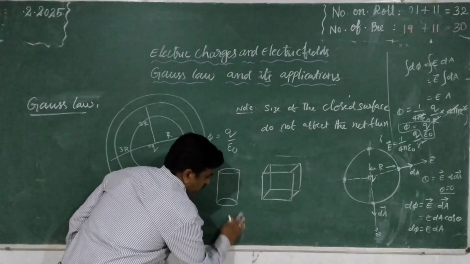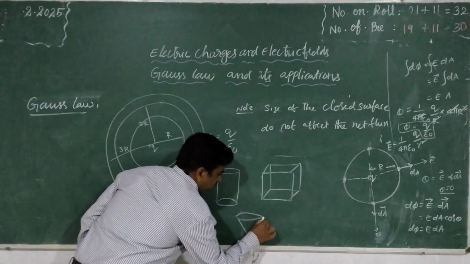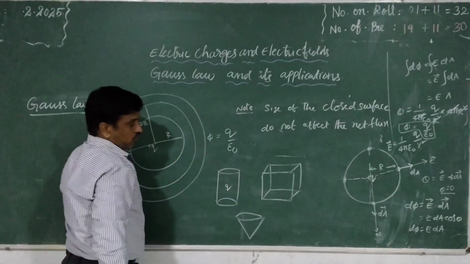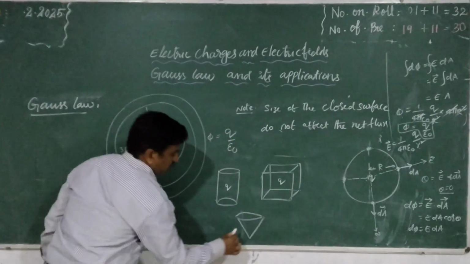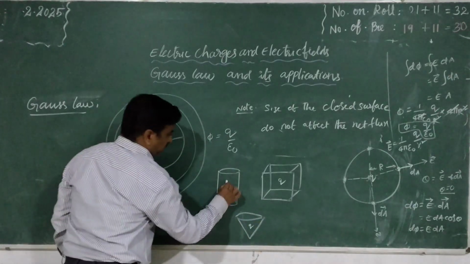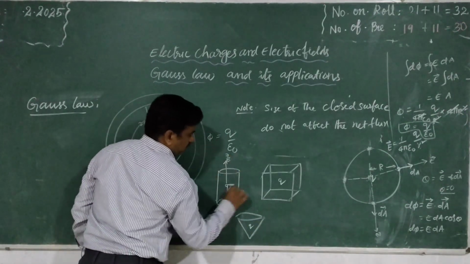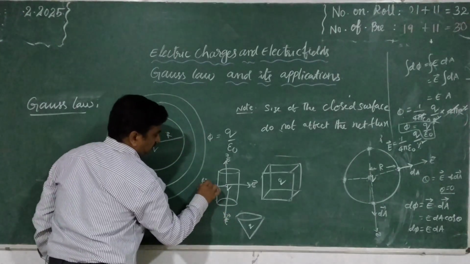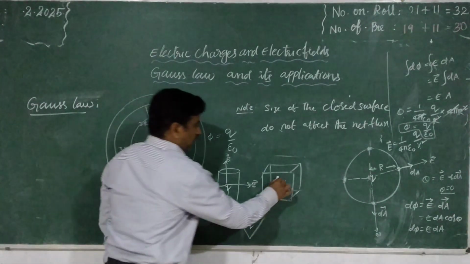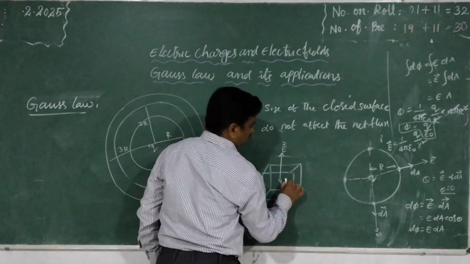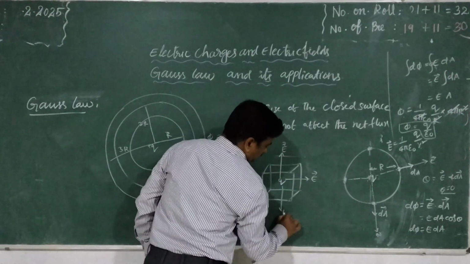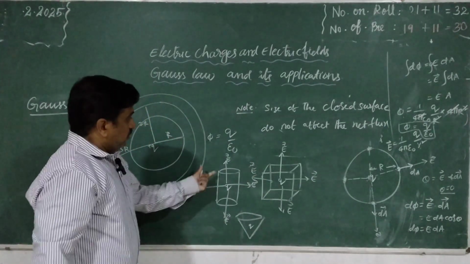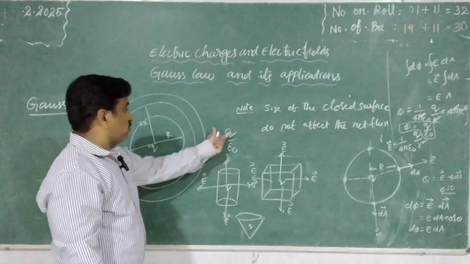These are closed surfaces, and at the center we can place charge plus Q. Due to this, electric field lines pass through each closed surface, which means flux passes through it. So the electric flux through a closed surface is q by epsilon naught.